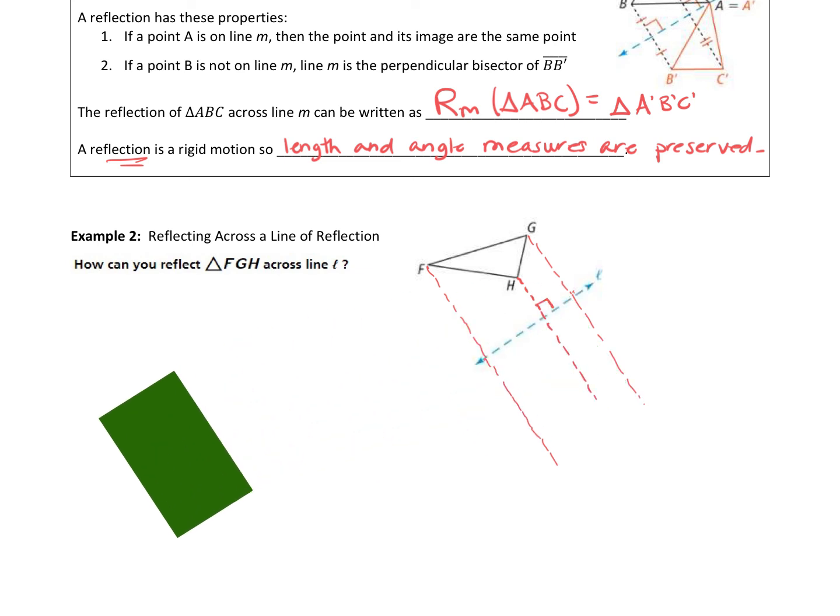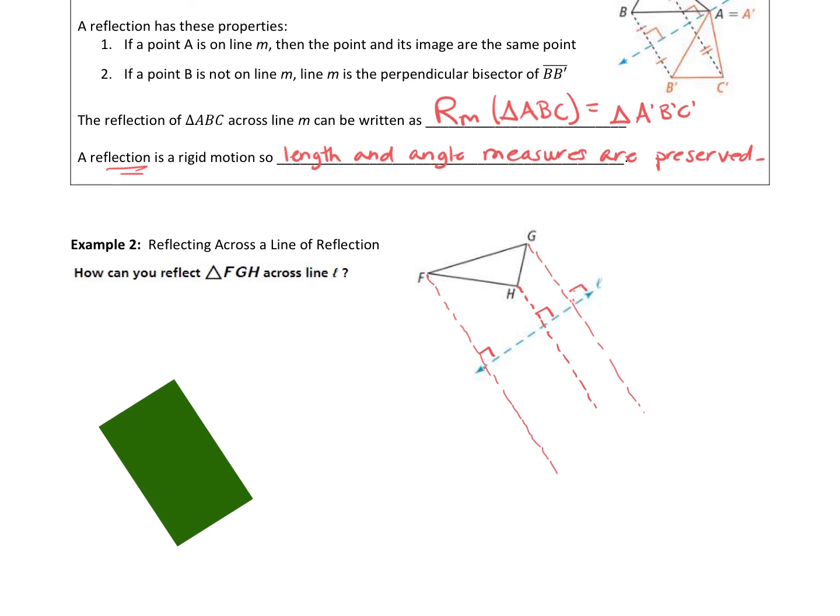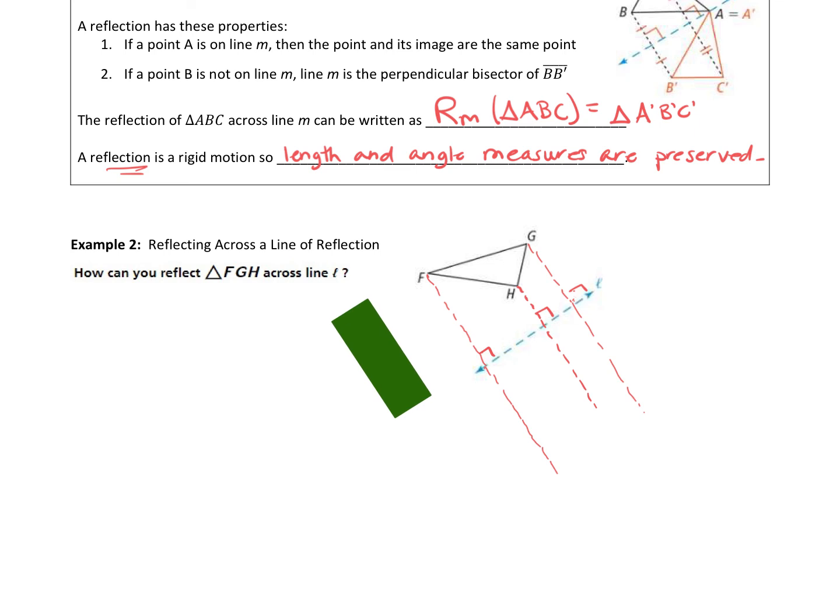Okay, so we have perpendicular lines with the reflected line and a line connecting to the vertex. Now what we're going to do is find another way to measure this. Since I've got this rectangle I can work with, I can resize it and make it smaller so that it's the same length.